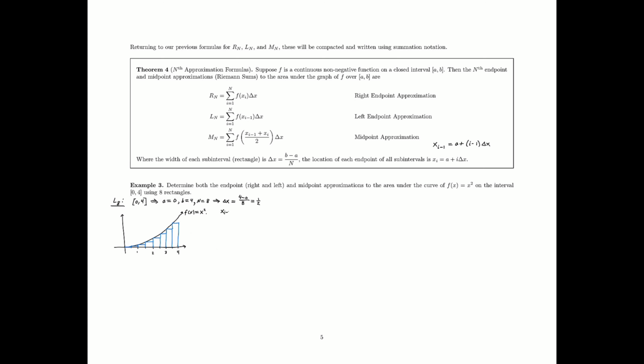So x sub i minus 1 is a plus i minus 1 delta x. Or we just have this written as i minus 1 over 2. So then we can go ahead and say, okay, this means that f of x sub i minus 1 is this whole expression squared, which we can write as i minus 1 squared over 4.